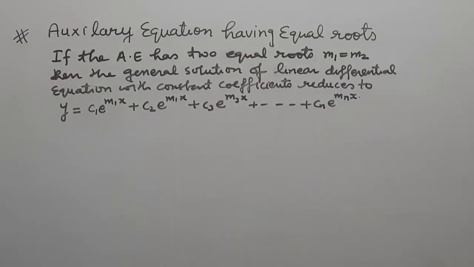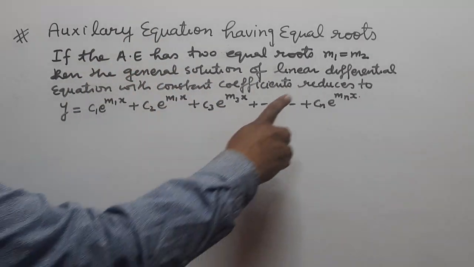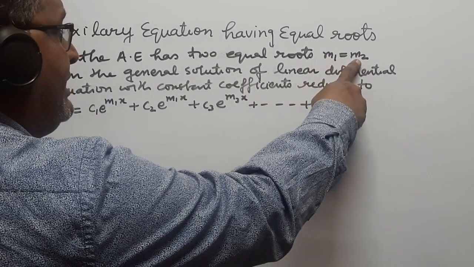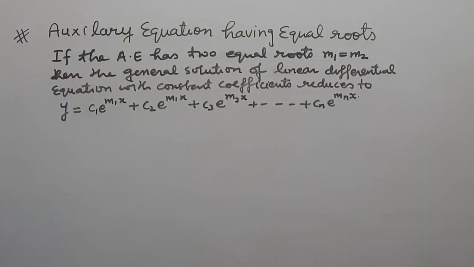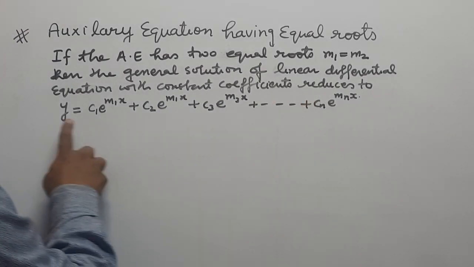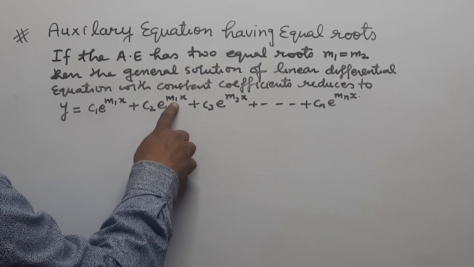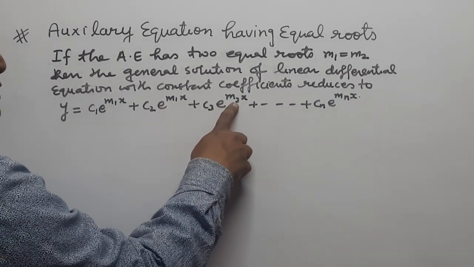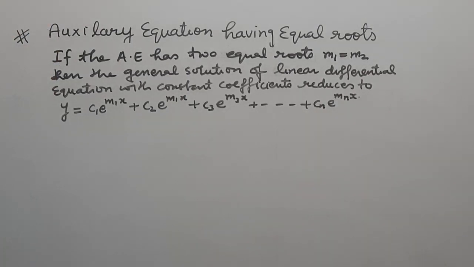You can see, if two roots of the auxiliary equation are equal, suppose that two roots m1 and m2 are equal, then the general solution of the nth order linear differential equation with constant coefficients can be written as y is equal to c1 e to the power m1x plus c2 e to the power m1x plus c3 e to the power m3x and so on cn e to the power mnx.